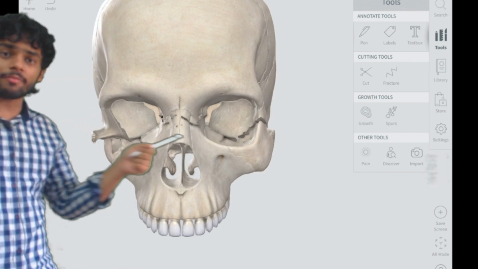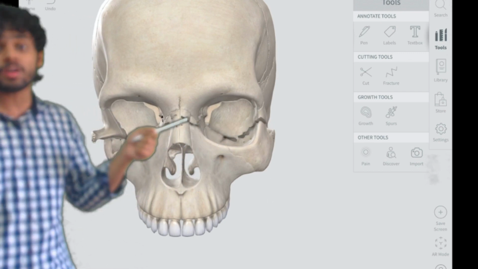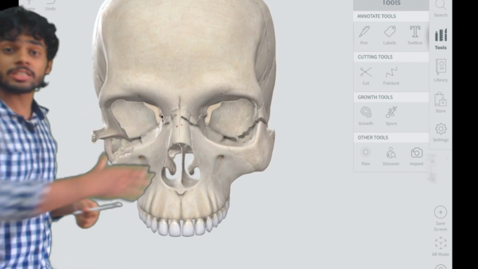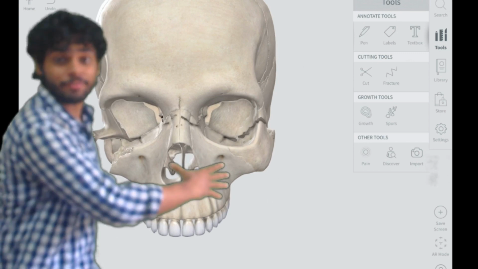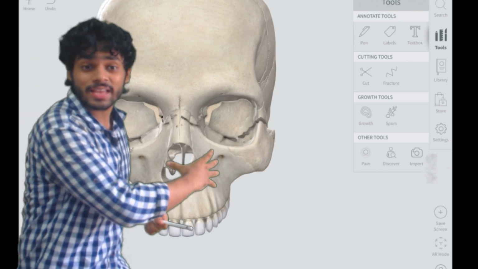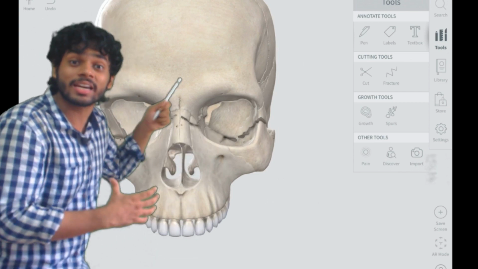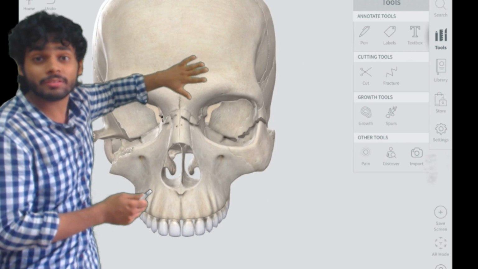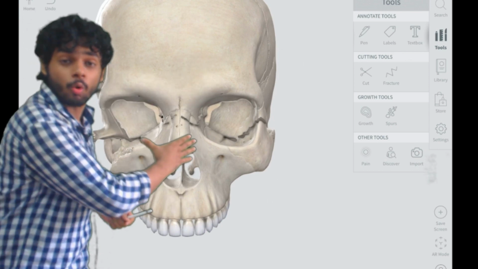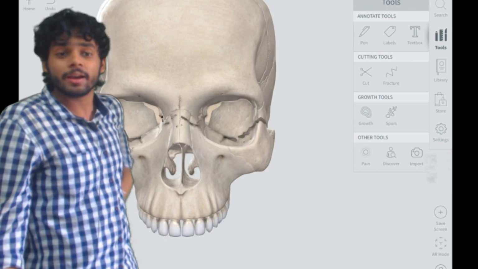This is above the level of the zygomatic bone, and this is a transverse fracture, and this is dislodging the whole midface region. Here the whole midface has been separated or detached from the dense cranial base. Here we have the cranial base, and here the whole midface region has been detached from the cranial base.